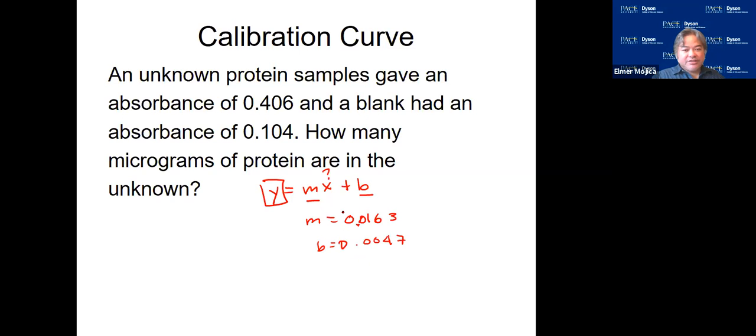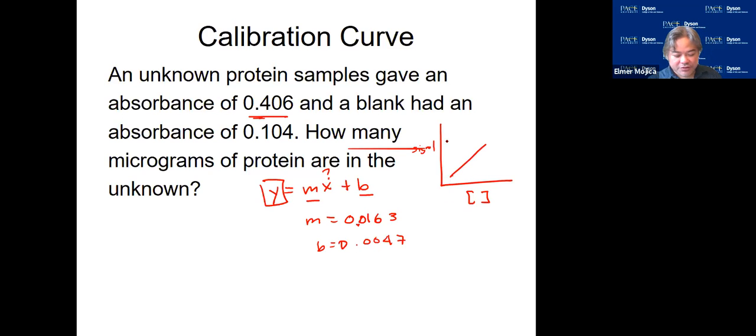Now the question is, do you use the given value of Y, 0.406, as is, or are you going to do something to it? So you might have a signal like this one, and you might get it like that one.